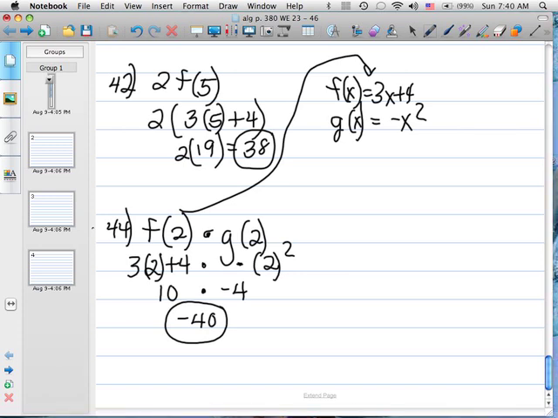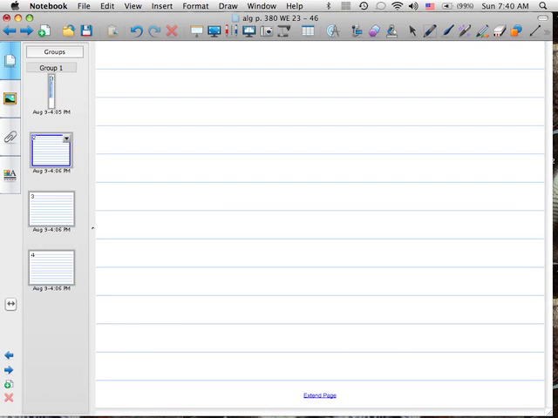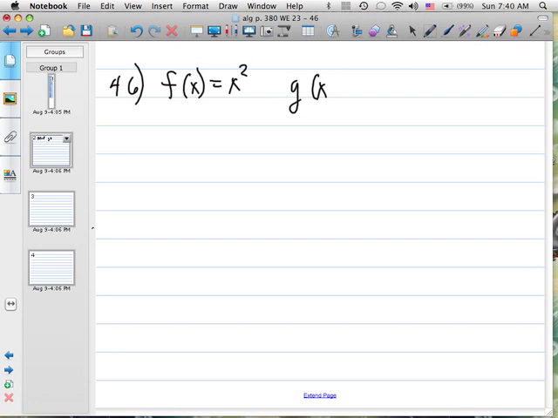And then in problems 45 and 46, we're going to use f of x equals x squared, and g of x equals 2x.